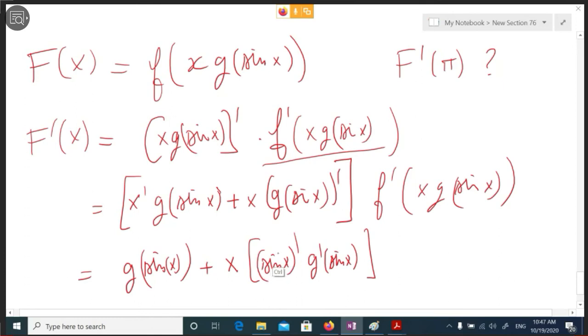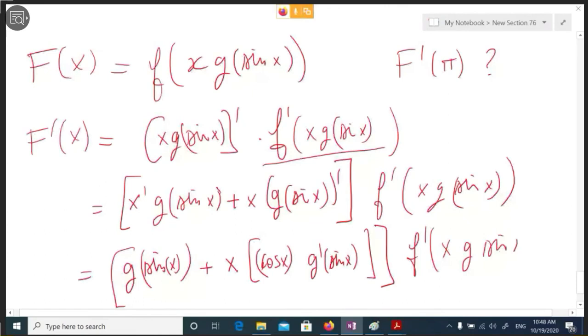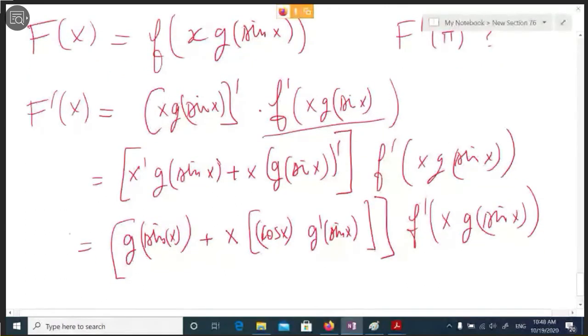But sine of x prime is just cosine of x. Okay, and all of this is multiplied by f prime of x times g of sine of x. Now substitute, this is f prime of x.